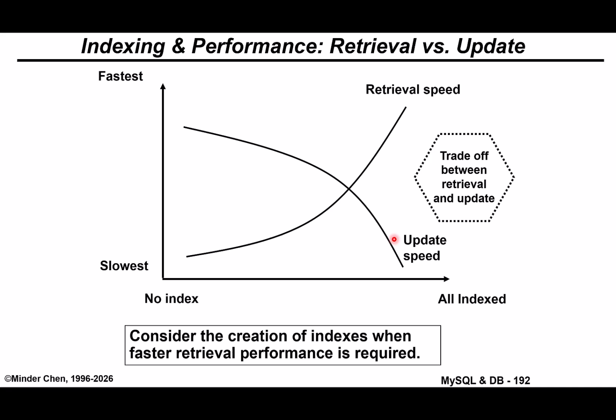So find the right balance. It depends on the usage pattern. Just remember, an index is primarily related to data retrieval performance. If you create an index on a certain column that's used for a foreign key or in select statement search criteria, it improves the retrieval speed dramatically.